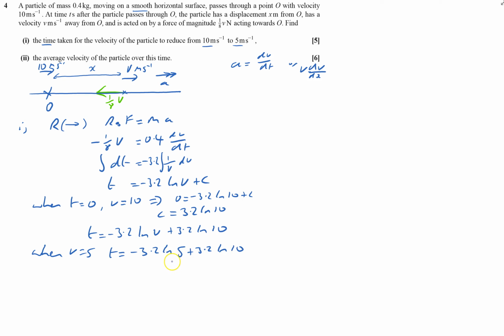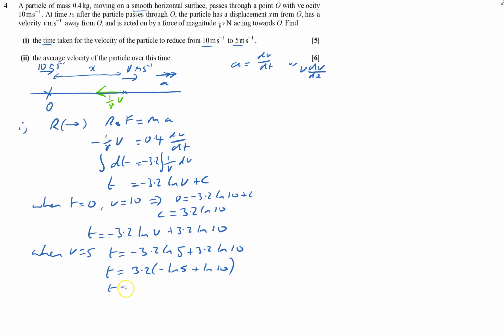Now I can see how to get its exact value. I'm surprised it hasn't asked me for the exact time, because I've got minus ln 5 and plus ln 10, so it's going to be rules of logarithms. I'll do it slowly. I'll take out the 3.2 to start off with, so I get 3.2 times minus ln 5 plus ln 10.